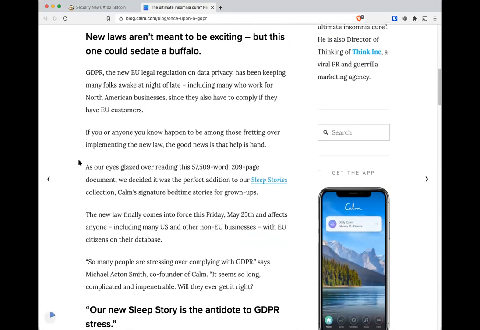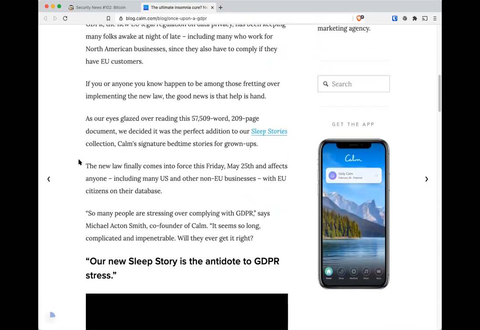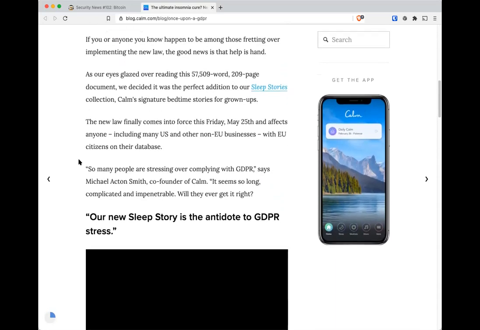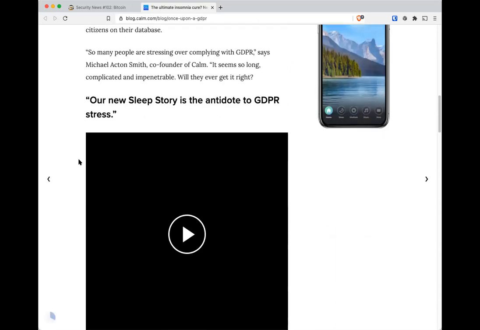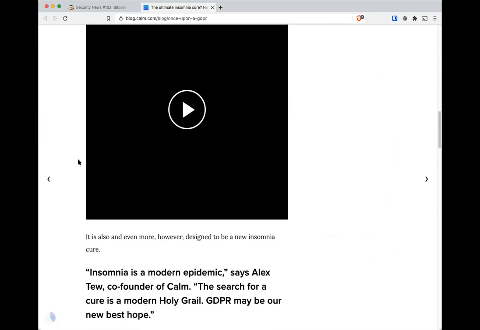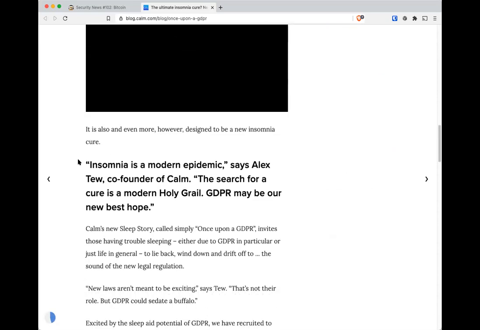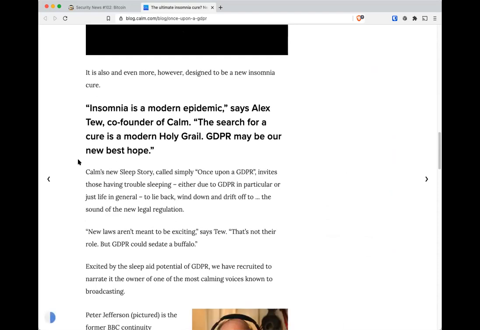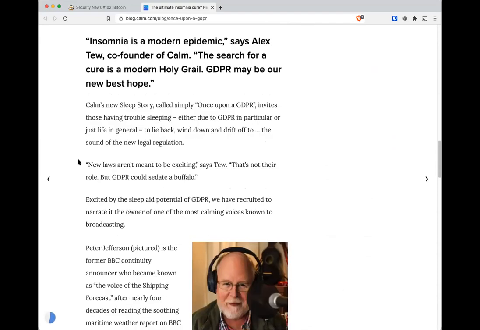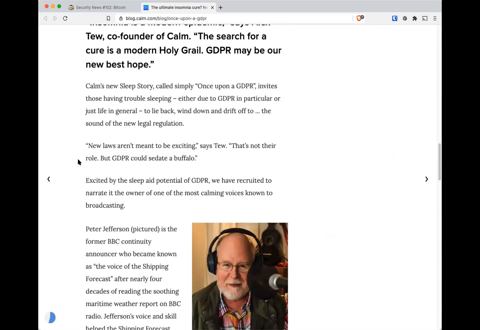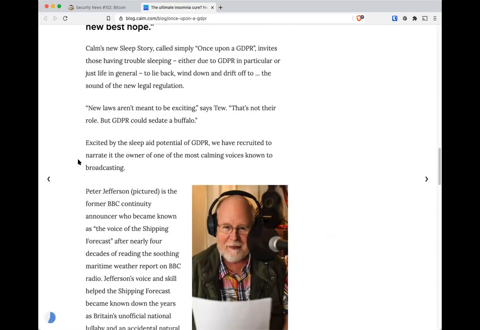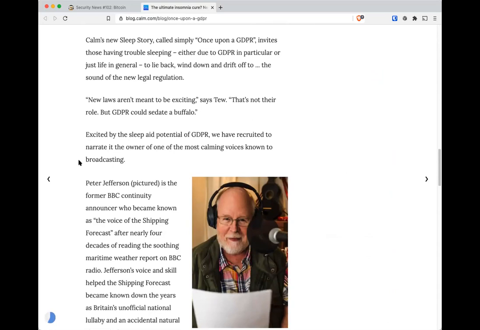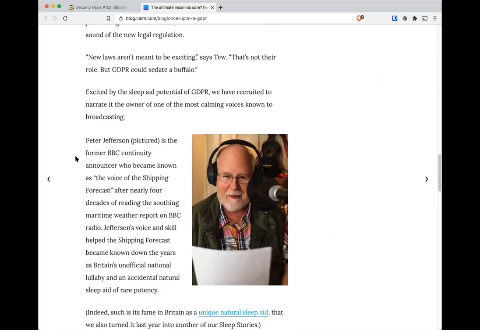Well, this is quite a great feature, because Once Upon a GDPR is just a man by the name of Peter Jefferson, formerly the maritime weather forecast announcer, who was recorded reading a big chunk of GDPR, the EU privacy regulations.